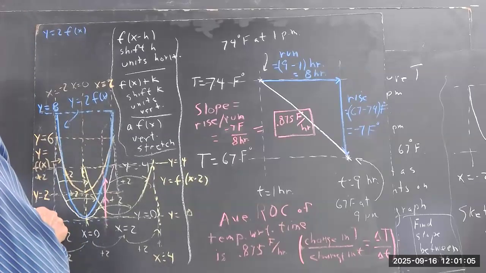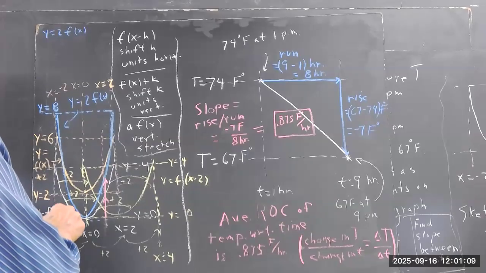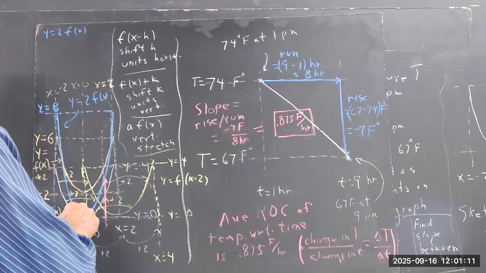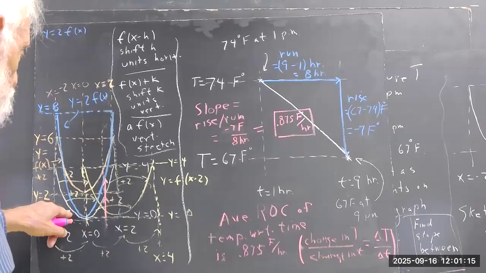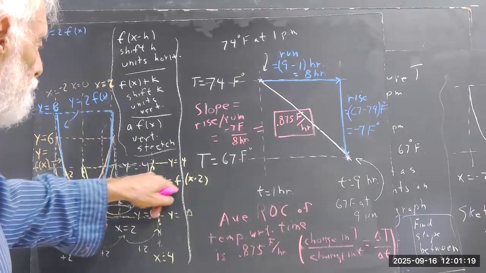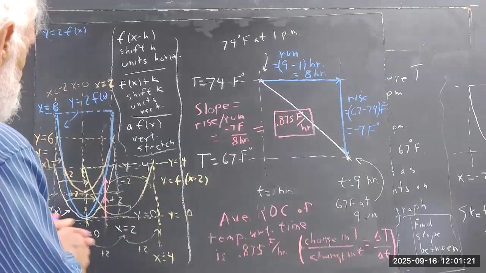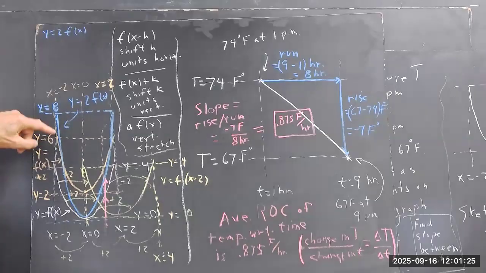Okay, it's a little bit confusing diagram. To be clear, let's label the original graph white, y equals f of x. Yellow is y equals f of x minus 2. A little distorted because I got a little fat there. Okay? The orange graph, if that's what the color is, y equals f of x plus 2.